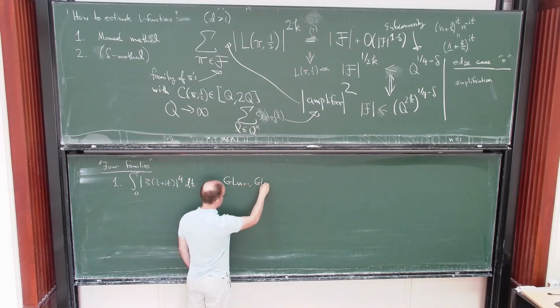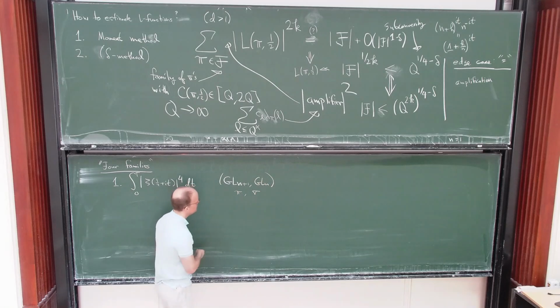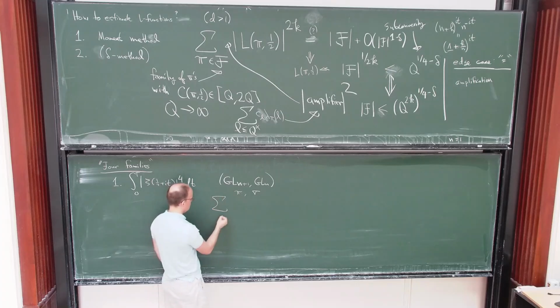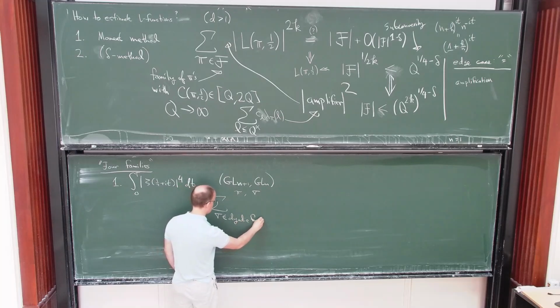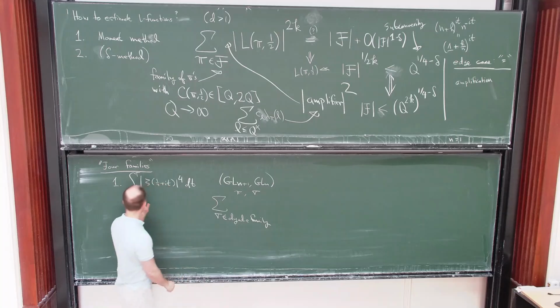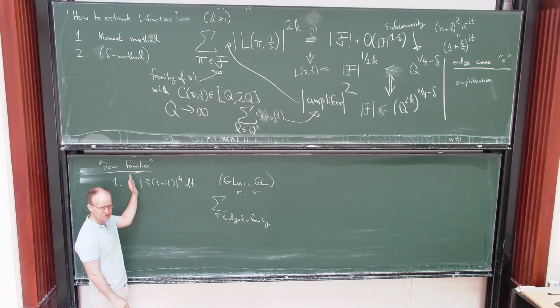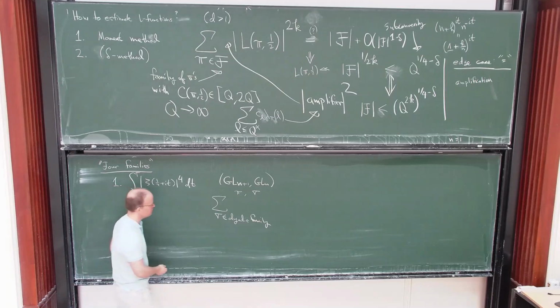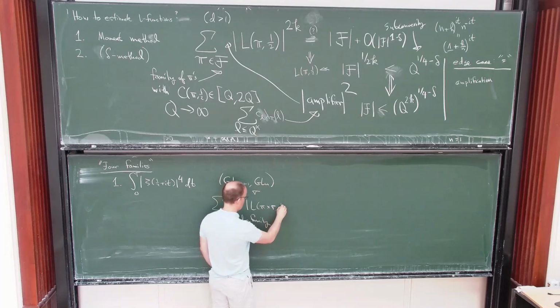There is more generally something you can do similarly for GL(n+1) and GL(n), maybe with pi and sigma on the two of them, where you consider an average over sigma in a dyadic family. Dyadic family means something comparable to an interval between 0 and t, or maybe t and 2t, rather than something much shorter, of L of pi times sigma at 1/2.